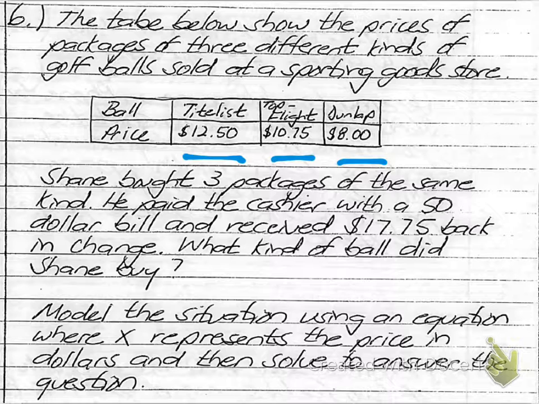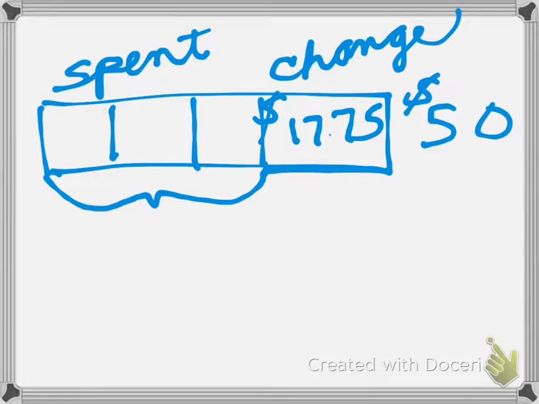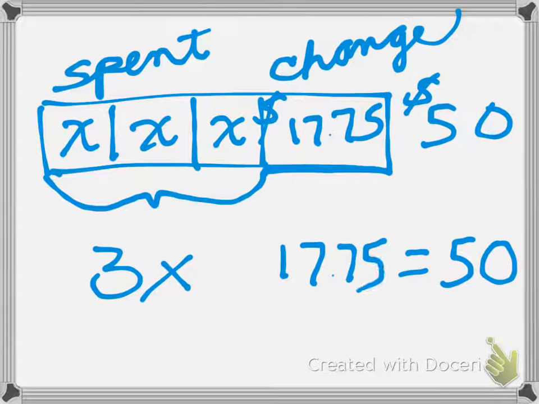So we want x to be the price in dollars. So that's what we don't know, which of these 3 prices is correct. So x is going to be the price, which is going to be this right here. So we're going to have a price for each one. So we have 3 x's, and we know the total is 50, and then we have $17.75.